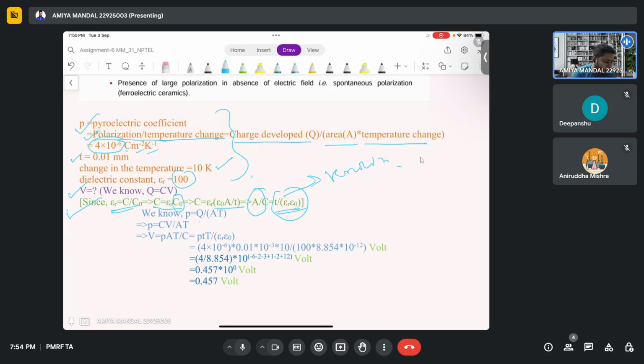P equals Q by A, and Q equals CV from capacitors. So just put the value of Q as CV, and you know the A by C value. From there V is calculated as P into A by C. Just put in the values, everything is given. You will find the voltage as 0.457 volt.